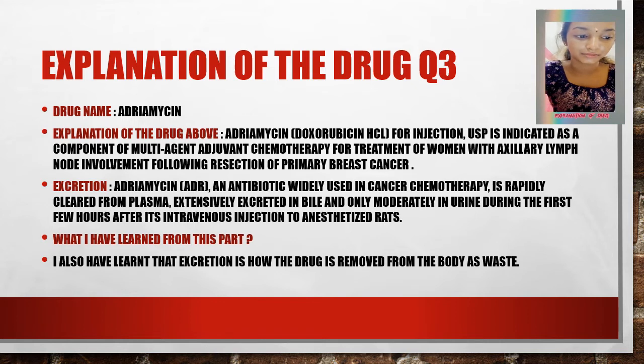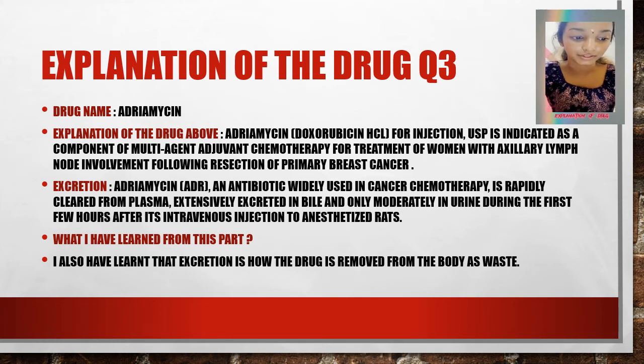Explanation of the drug: adriamycin for injection, USP, is indicated as a component of multi-agent adjuvant chemotherapy for treatment of women with axillary lymph node involvement following resection of primary breast cancer.